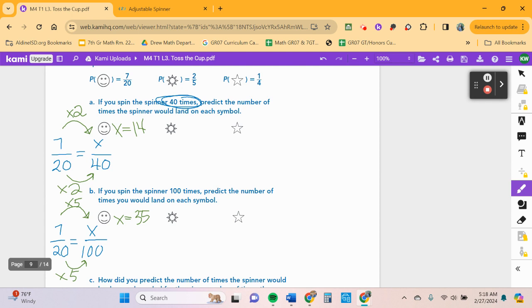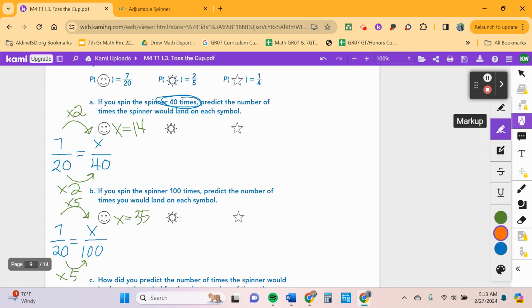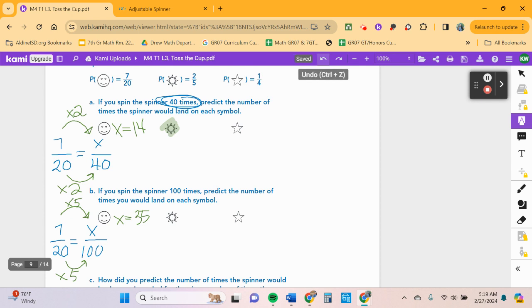Alrighty, now that you've got two examples of how to use proportional reasoning to predict an amount, I want you to go ahead and find the probability for the sun, using this original probability, 2/5. That's our sun.